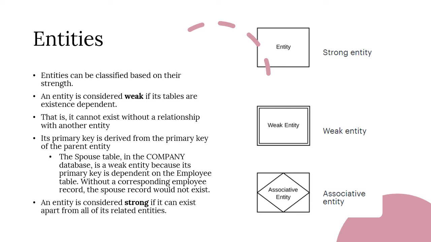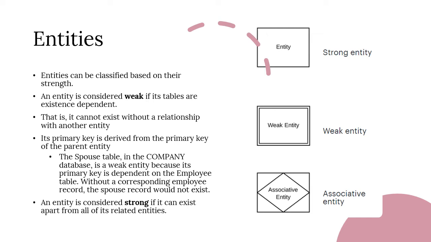An entity is considered strong if it can exist apart from all of its related entities. Biasa objek semuanya strong entity lah. Student, course, lecturers, car, building, apa lagi, banyak lah. Kebanyakannya adalah strong entity. Cuma bila dia terbitan, dia dah jadi weak entity lah. When it depends on other entities, then it can be recognized as a weak entity.